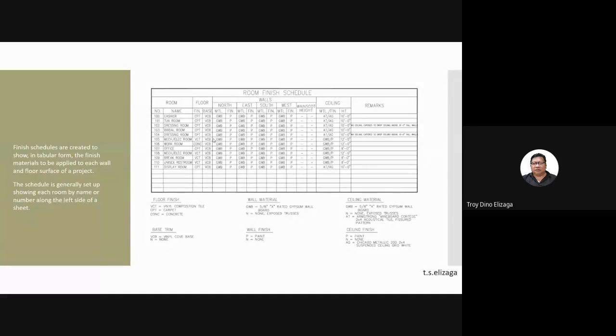So the schedule is generally set up showing each room by name or number along the left side of the sheet. For example, when we discussed the floor plan, I mentioned that sometimes there are numbers assigned to rooms. Here, number 100 is the cashier, 101 is the tax room, 102 is the dressing room.